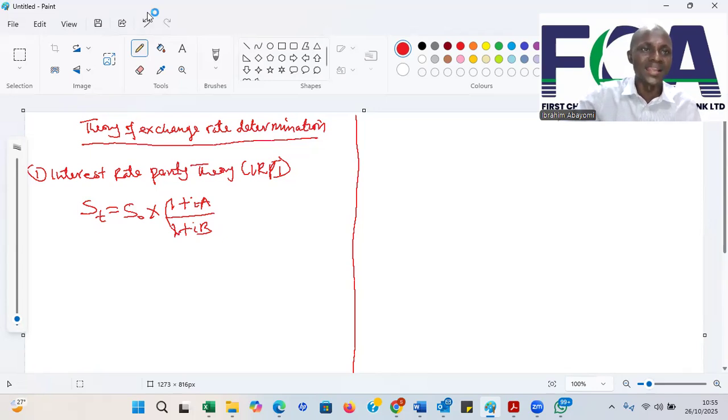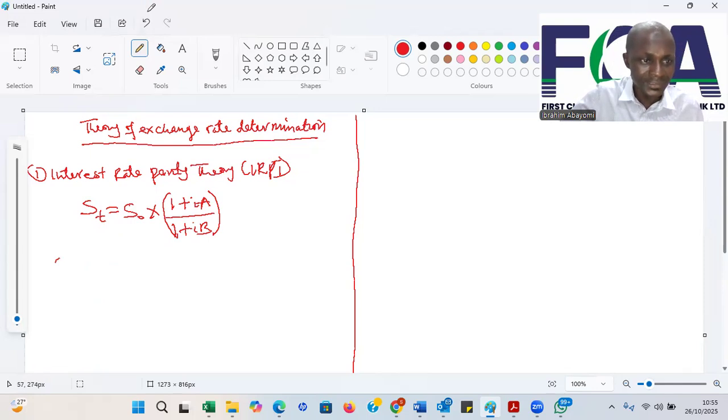I prefer to use IA and IB. I don't like using interest rate of foreign country, interest rate of a domestic country. It looks confusing to me, and that is why I don't buy that idea.